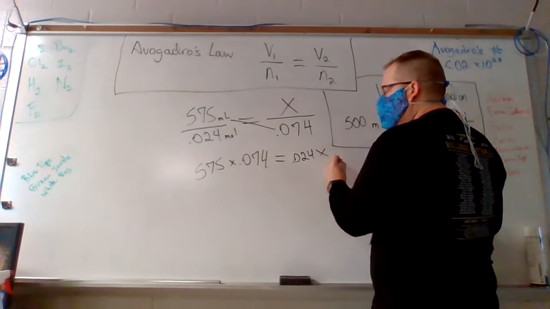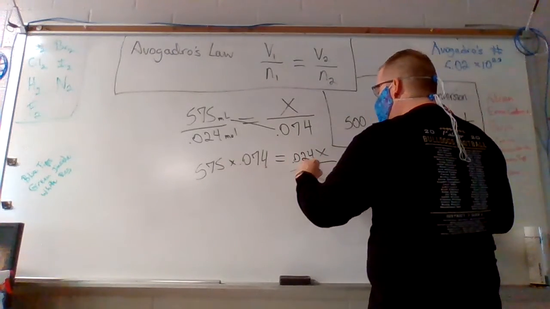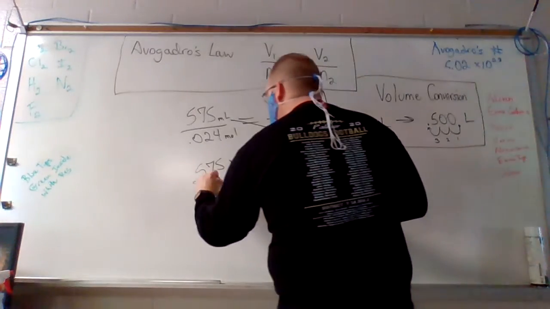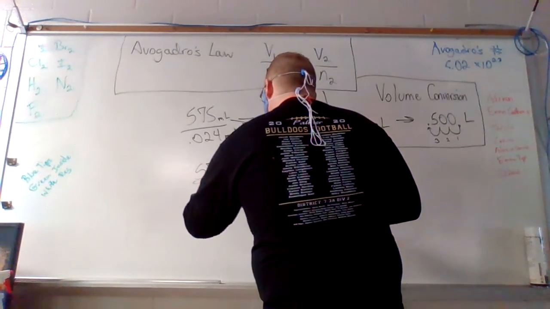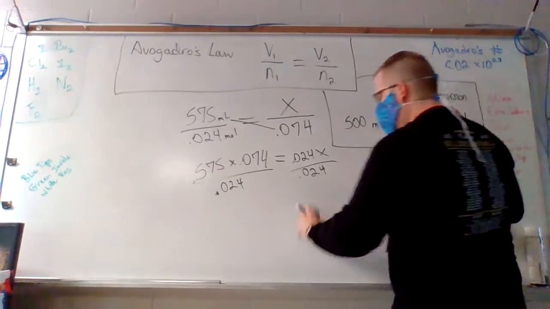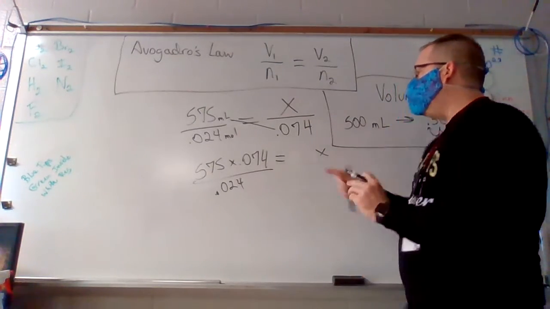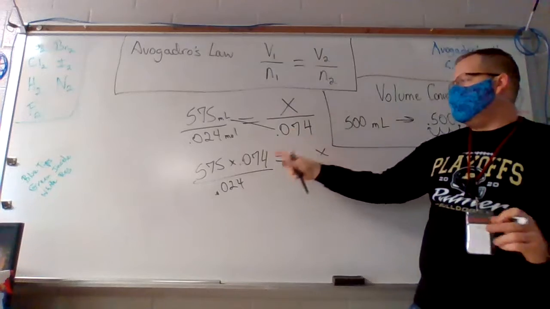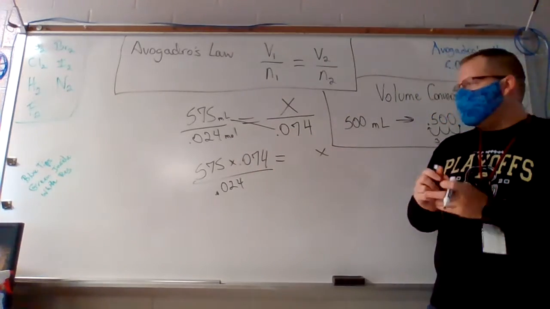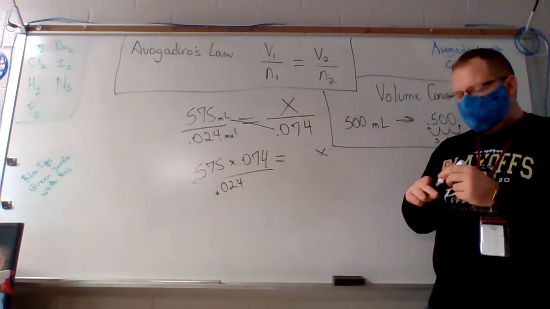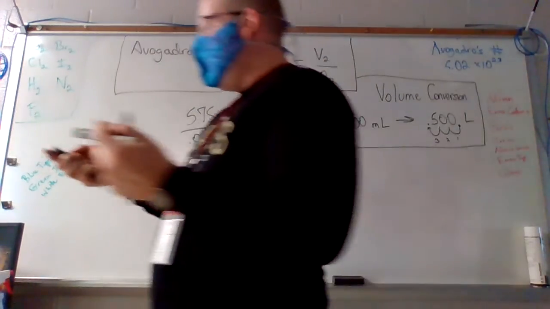I want to get the x by itself, so I need to divide by the 0.024 on both sides. And when I do that, this cancels out, and all I'm left with is x. And so I'm multiplying these two numbers together, dividing by the 0.024, and that should give me my answer in milliliters.